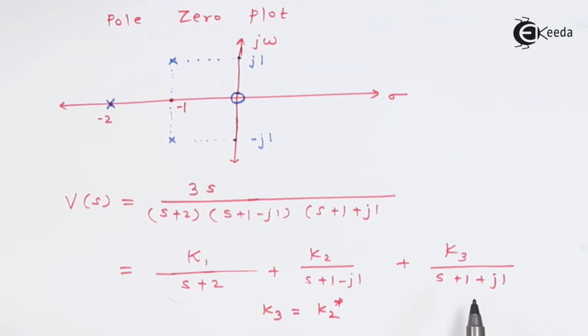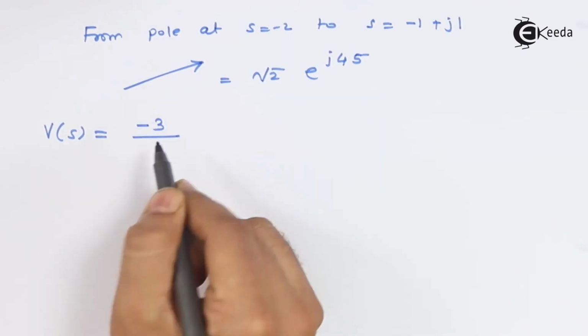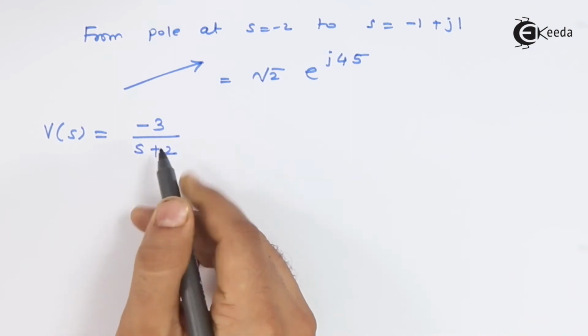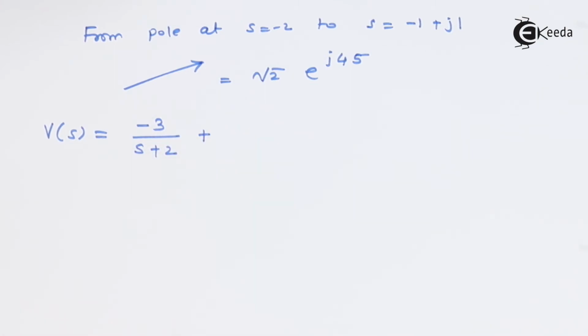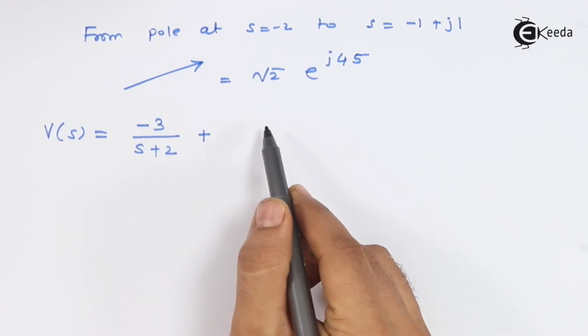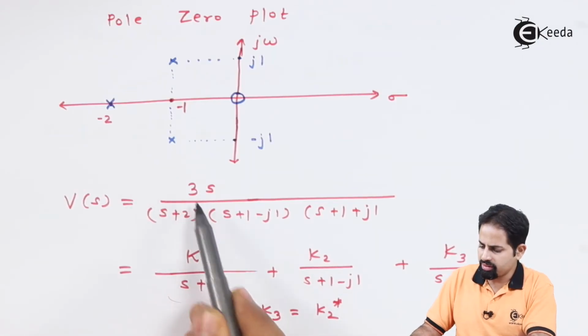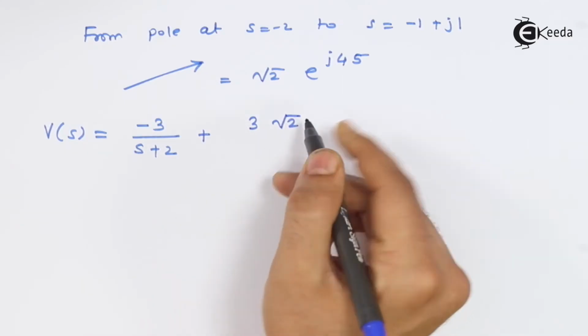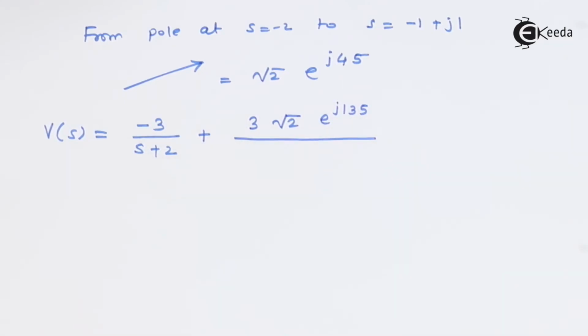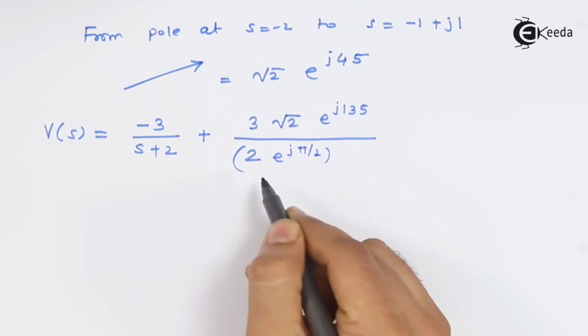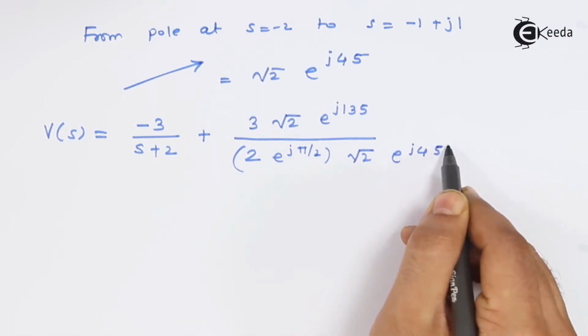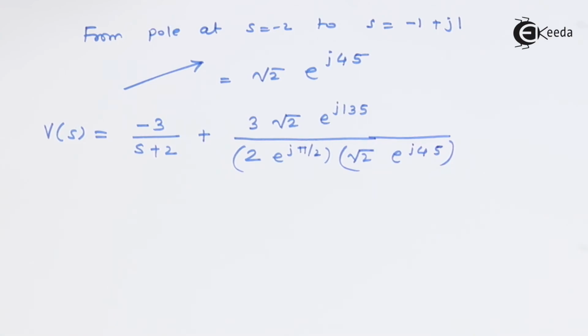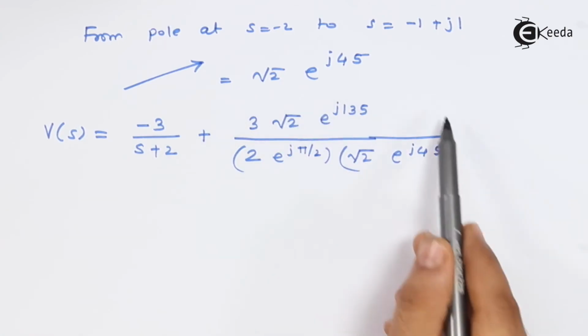So this was our original equation, K1, K2 and K3. K3 is the complex conjugate of K2, and for K1, continuation of video. Now this is about K1. For K2 the scaling factor again is the same, that is 3. Scaling factor is 3. Now what we are calculating is nothing but K2.